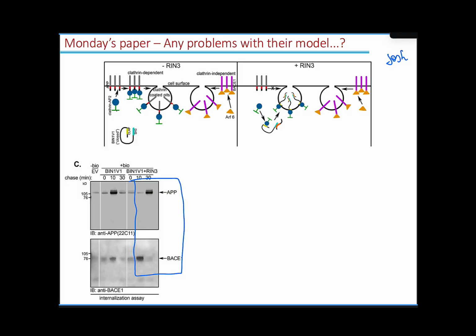In this experiment, they follow the base 1 or the APP that had been painted by biotin, right? So they're following a very specific subpopulation of base 1 and APP molecules, those that had been painted on the outside. Sure, those labeled molecules, base 1 went in earlier and APP came in a little later. But that doesn't necessarily imply the new base molecules are not continuously coming in, being constantly internalized.